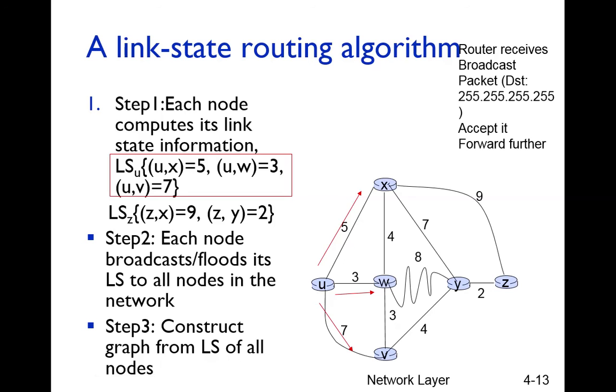So what will be the destination address of this message? The destination address should be the broadcast address, 255.255.255.255. This will be the destination IP address, meaning that this packet is for all the nodes. So what does it mean when the x node receives the message, which contains 255? 255 means that it is for every node, so it is also for x.